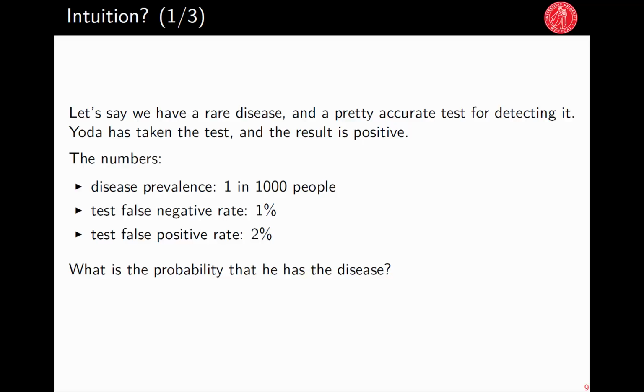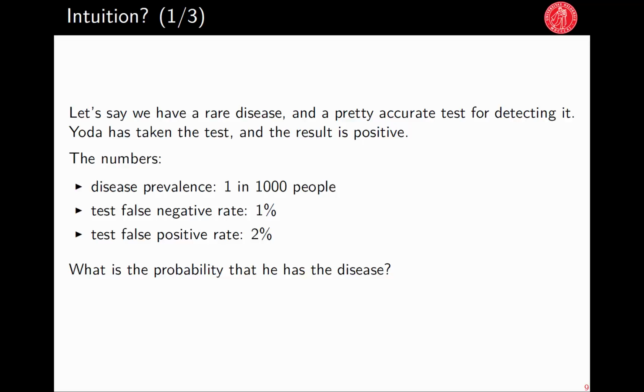And hence, our friend Yoda has taken the test, the result is positive, and now he's turning to us and saying, gosh, the test is so good, I reckon I'm probably sick. We'll try to work out what's the probability that Yoda actually has the disease.